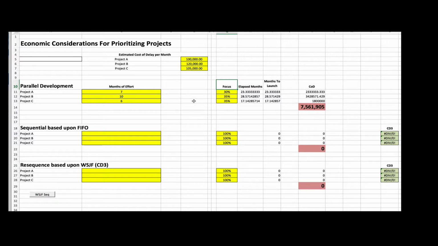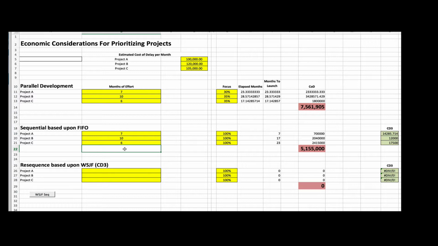Now let's see what happens if we sequence these projects. Again, Project A we're suggesting is about 7 months of concentrated effort. Project B is 10. Project C is 6, same as before. And we see that the cost of delay now accruing is just over 5 million, 5.155 million. A savings of $2.4 million simply because we focused on working on the projects sequentially so that we get value as soon as a project is complete.